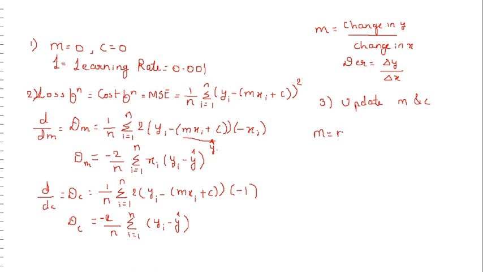M equals m, my older value of m, minus my learning rate into dm, the derivative, where this is called the step size. And the other one is c equals older value of c minus learning rate into dc, where again this is called the step size.